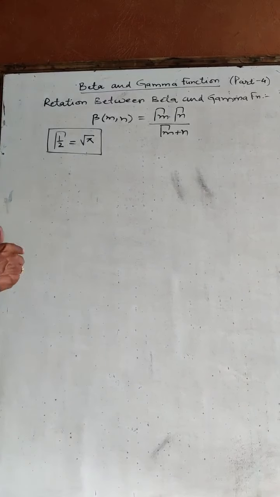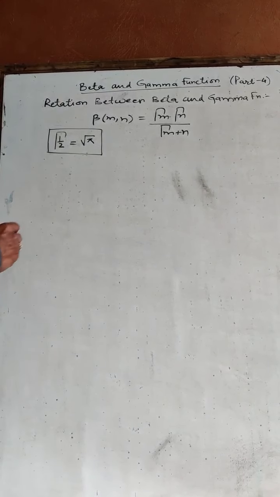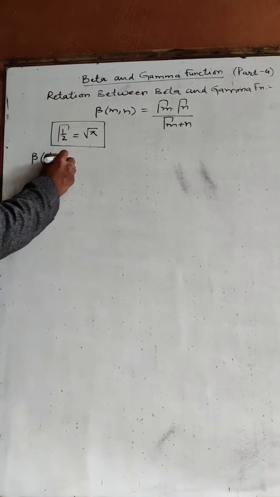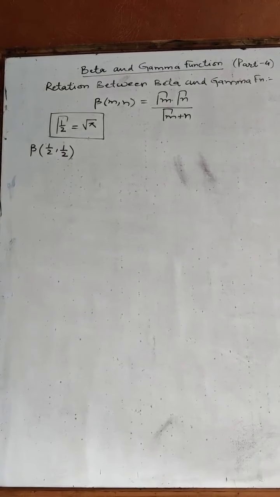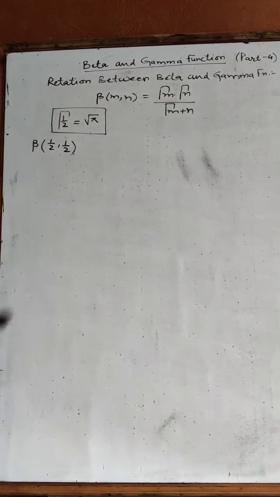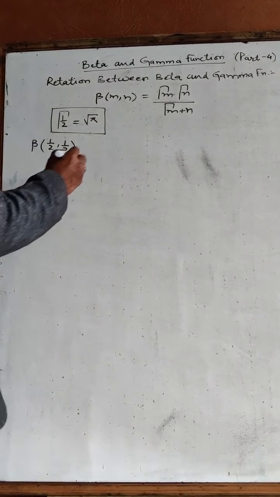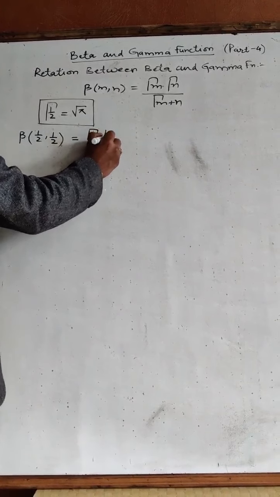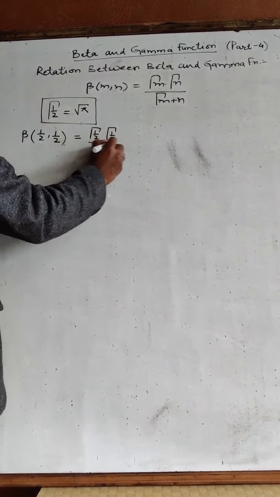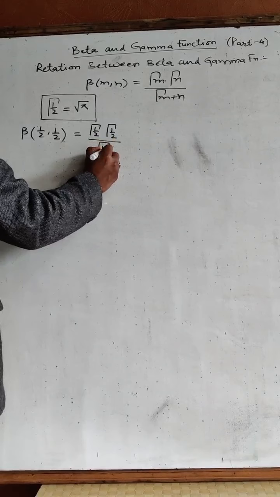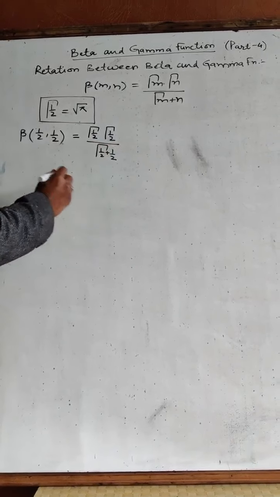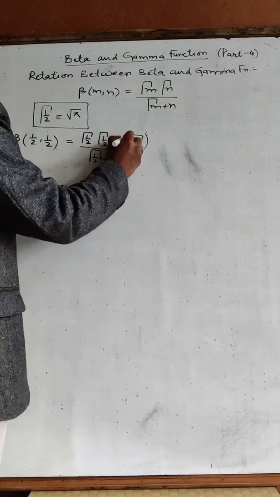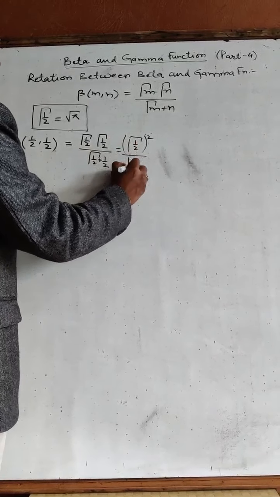So to find the value of gamma 1 by 2, we will start with beta of 1 by 2, 1 by 2. We have taken the values of m and n as 1 by 2, 1 by 2. So using the relation, it would be equal to gamma of 1 by 2, gamma of 1 by 2 over gamma of 1 by 2 plus 1 by 2, and it would be gamma of 1 by 2 whole square over gamma of 1.